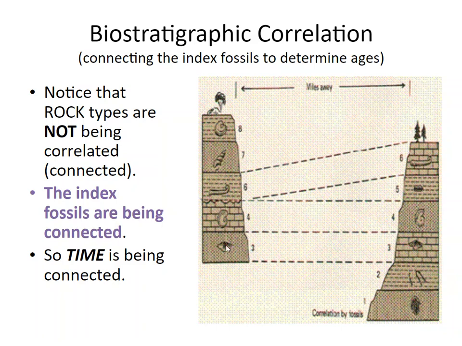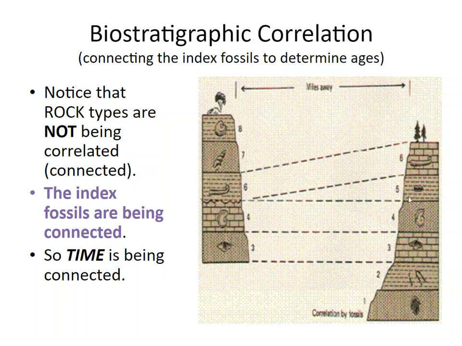That's what that is. Okay, so you'll notice here this layer 6 and this other layer 6. Notice that the rock types are different. This is a shale, and this is a limestone, but they have the same fossil in them. So the scientists in this case are not interested in connecting the rock types that are the same. They're connecting time. And the same thing over here. We have another pinch out right here.